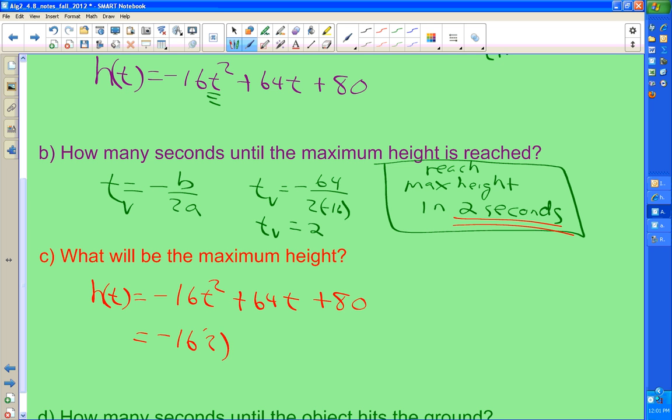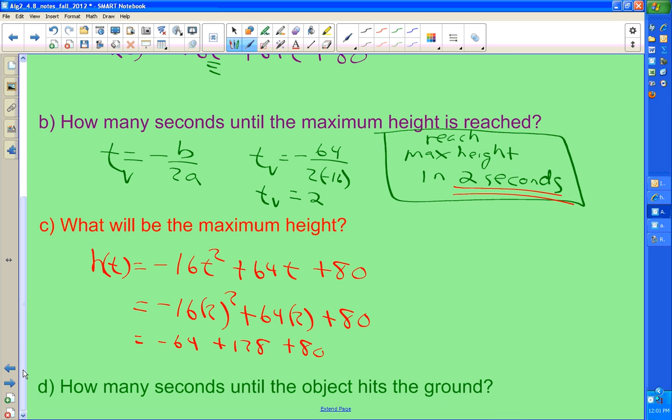Negative 16 times 2 squared plus 64 times 2 plus 80. If you work that out, you get negative 64 plus 128 plus 80. It's going to be 144. Max height will be 144 feet.